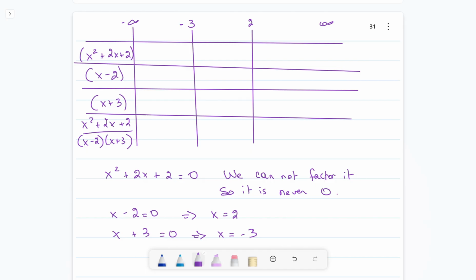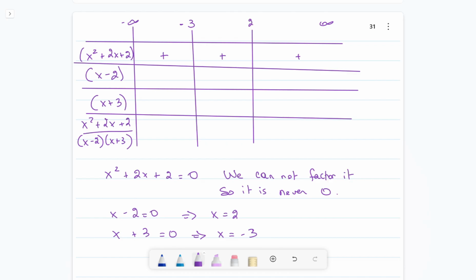Now we will work with each of these factors. So the first factor, you can just try plugging any number in these intervals. You can try -5, you can try any number, and you will notice that when you plug these numbers, you will get a positive answer anywhere. So the first factor is always positive.